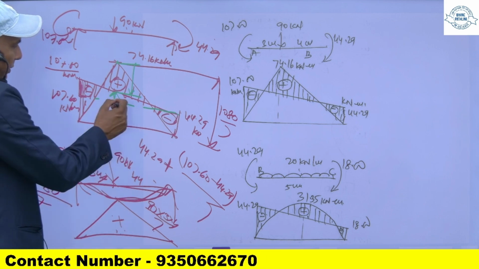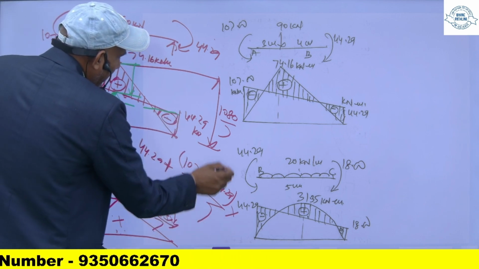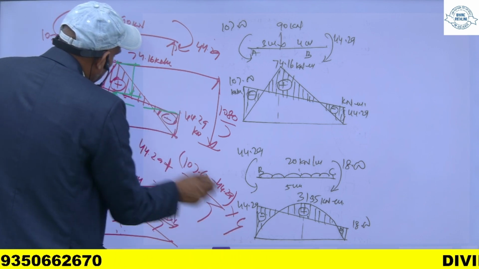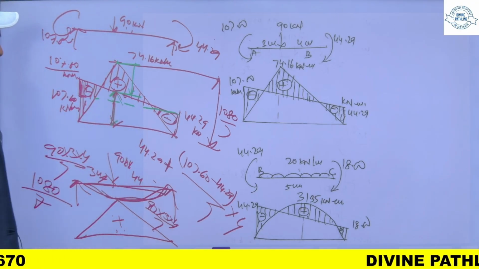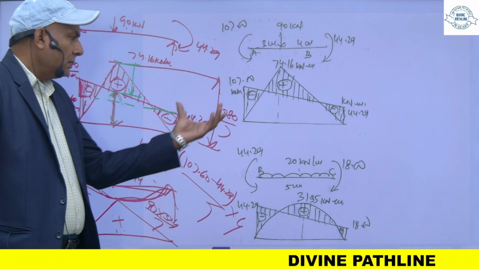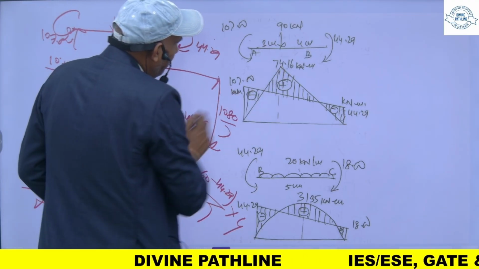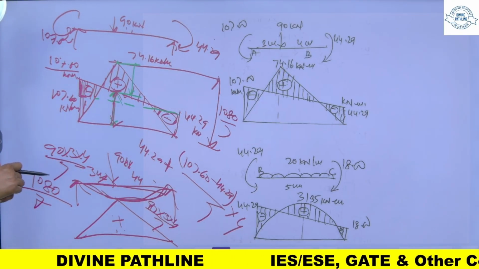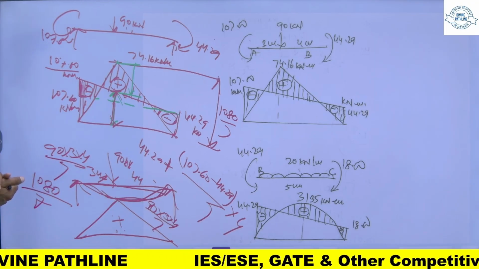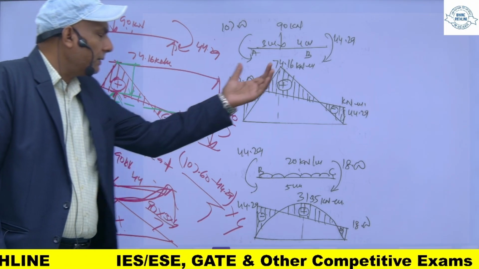When you multiply this by 4, you will get this ordinate, and when you subtract this ordinate from this you will get this one. So this is 74.16 kilonewton meter. So this is the bending moment for the AB portion.